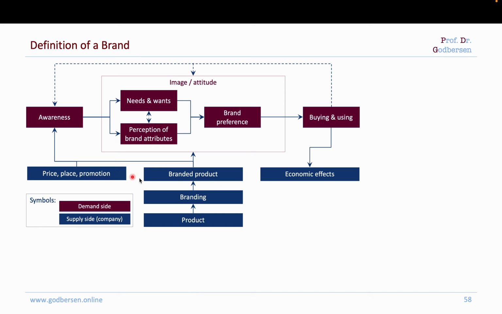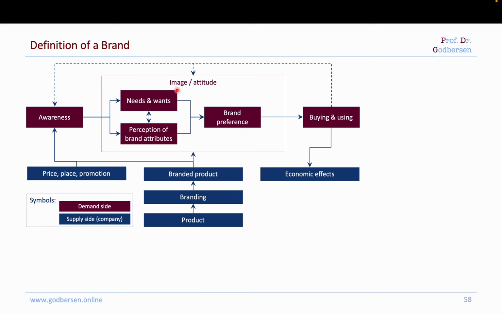And based on your operations with the branded product and your marketing mix operations, the demand side, meaning your target group, your customers, potential customers, build awareness. They are aware, there is this brand. This awareness is the precondition for forming an attitude towards your brand or for establishing a brand image in the hearts and minds of your target group.